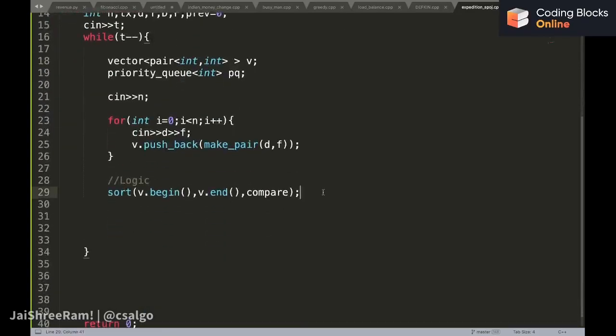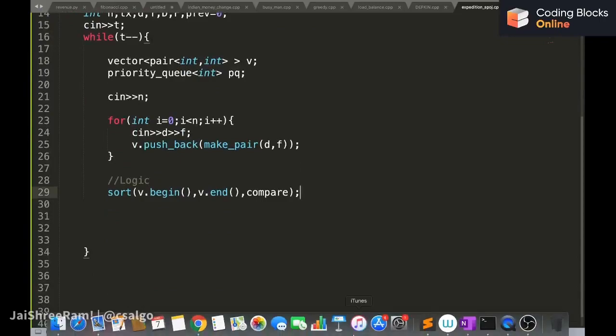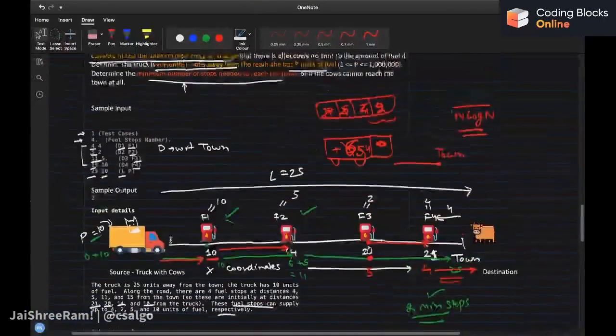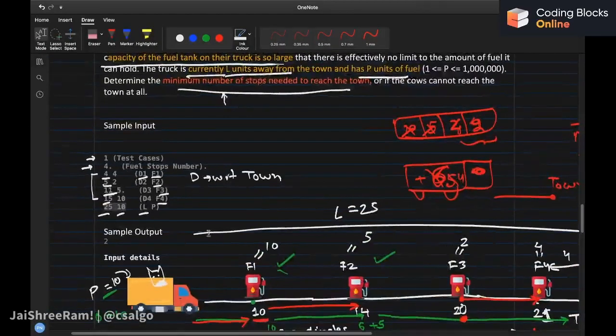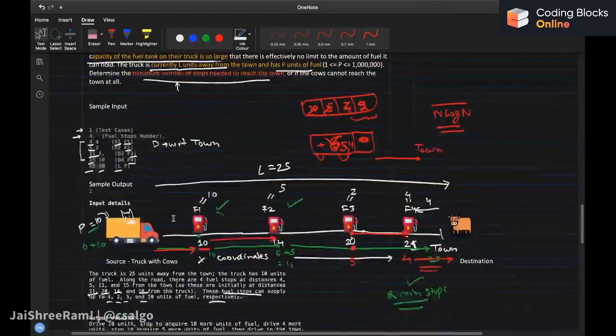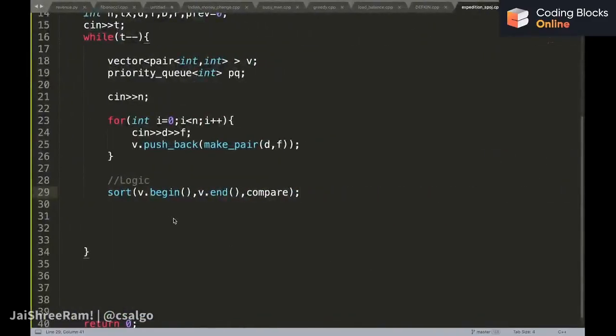And we also need to scan two more things that were there in the input, which we are yet to scan. We need to scan the value of L and P, so the initial distance and the initial capacity of the truck.